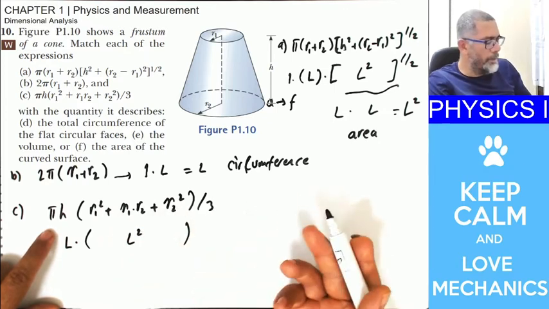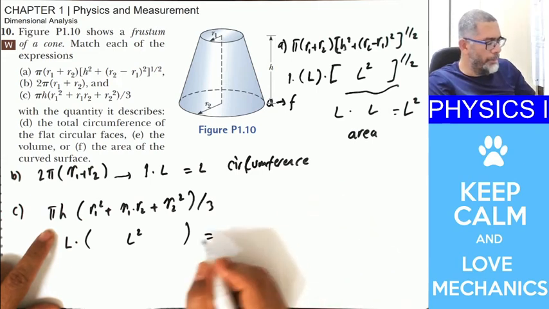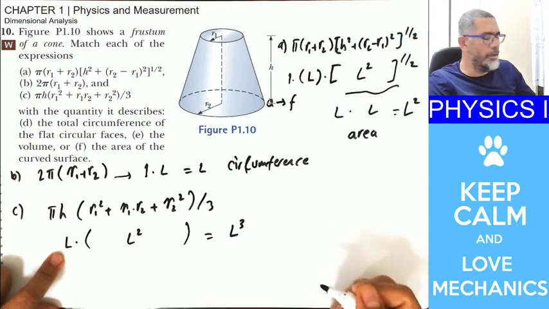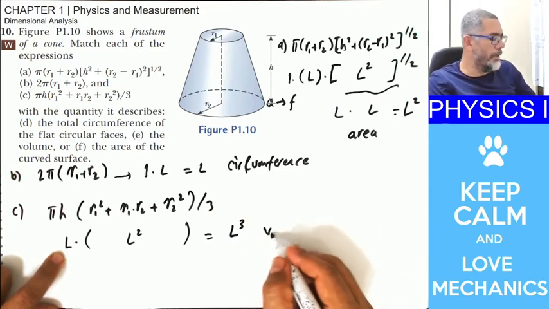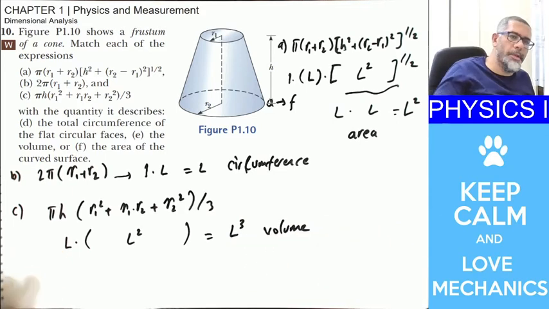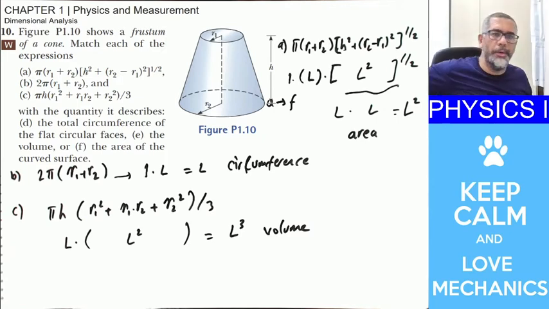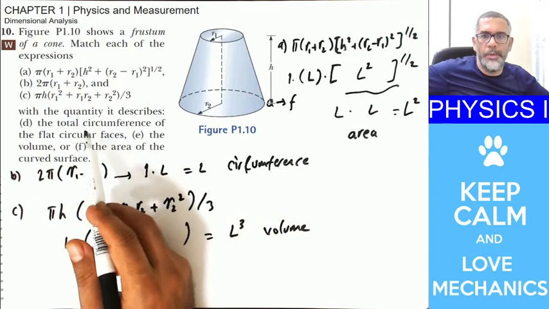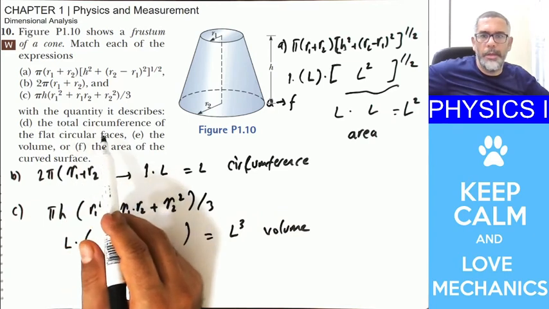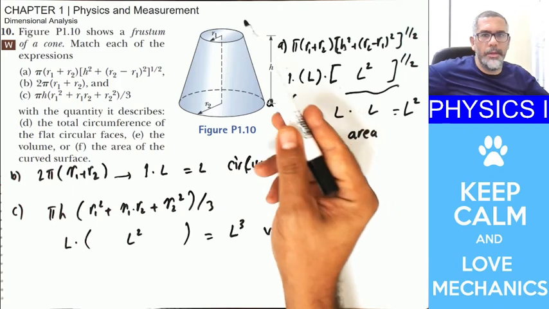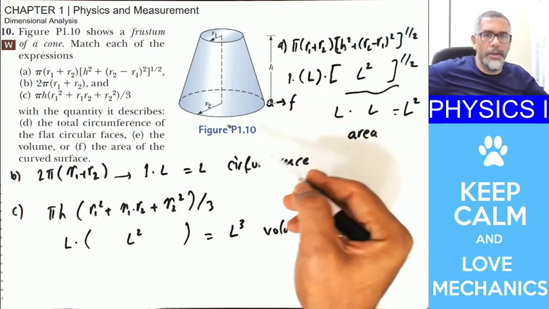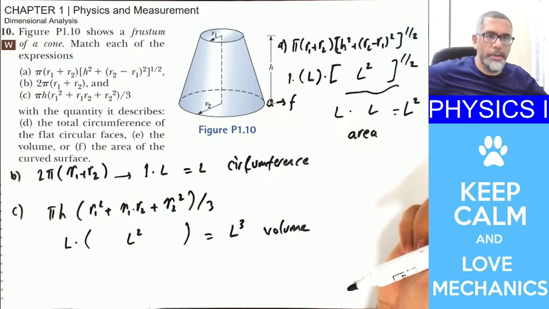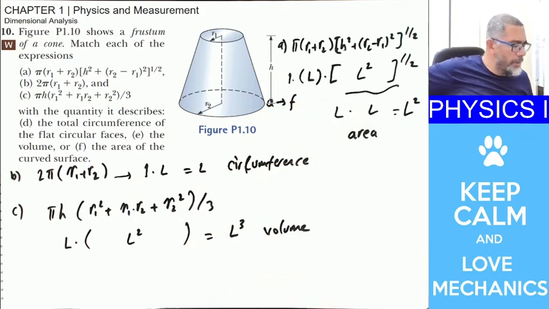And 3 has the unit of 1. So if you multiply L square by L, you get L cube, which is nothing but the dimension of volume. Dimension of volume is nothing but length cube, right? And C corresponds to the volume of this conical geometrical object. Okay, so that's good.